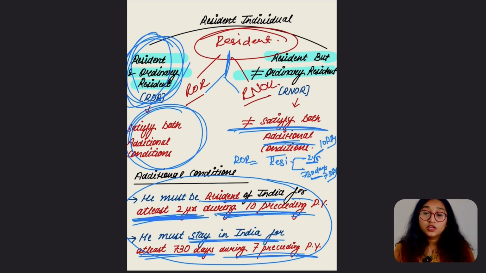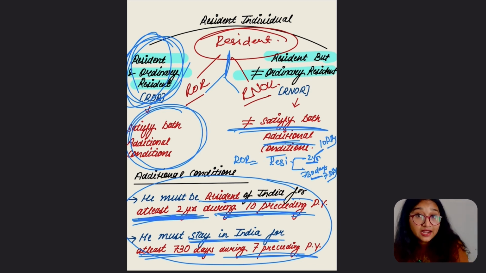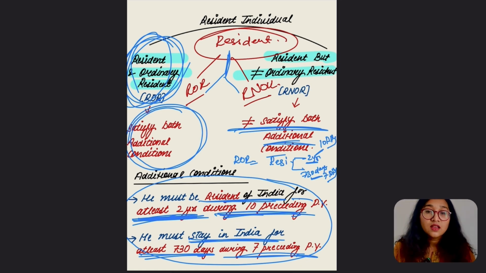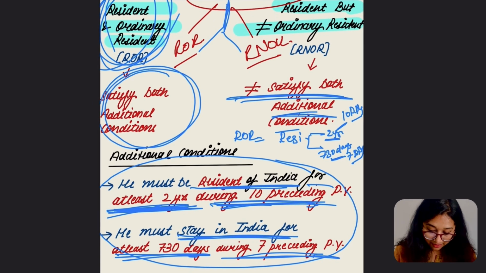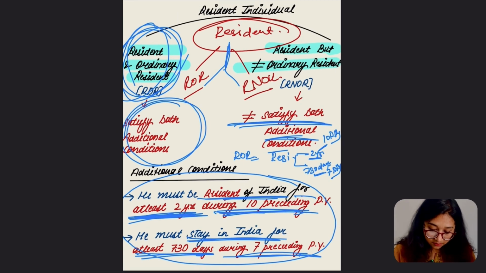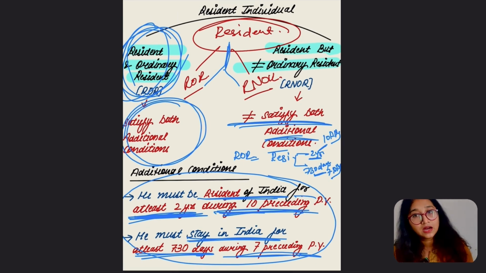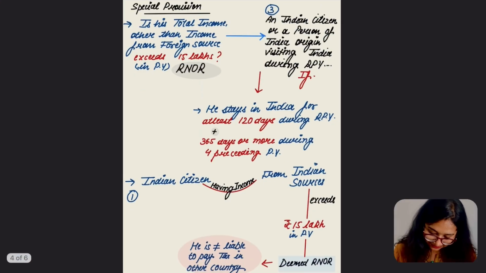But to identify whether the person is ROR or RNOR, the person has to satisfy the two additional conditions. There is no option given to the resident person. They have to satisfy both additional conditions, only then will they be ROR, otherwise they will be RNOR. Hope this part was clear.